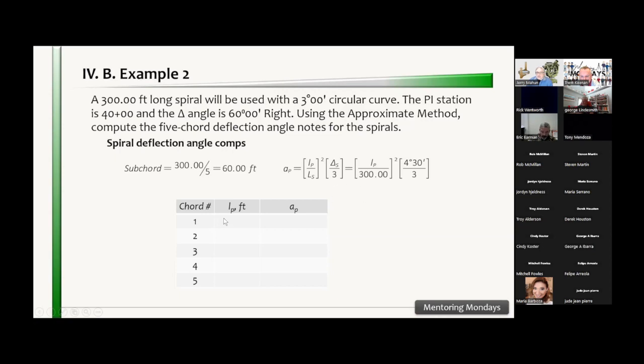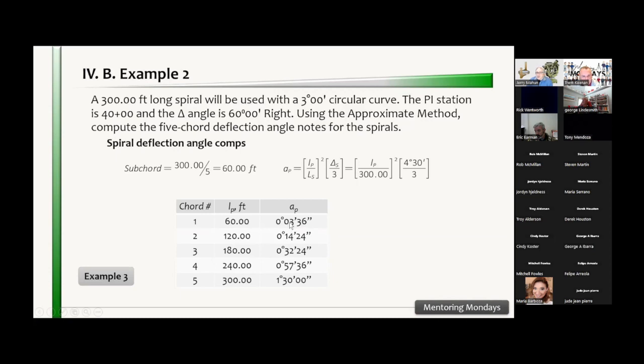So the distances themselves are just going to be those incremental distances. So we're going to have 60, it's going to be 336, 120 is going to be 1424, 180, 3224, 240, 5736, and 300, 1 degree, 30 minutes.